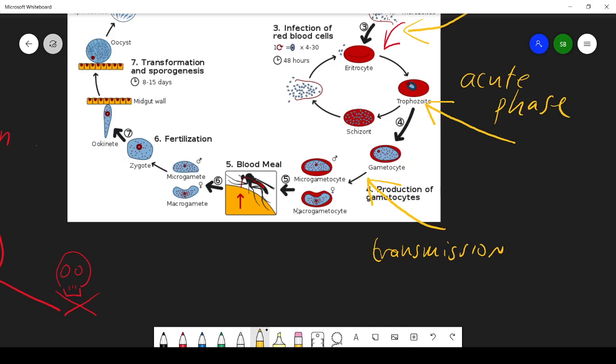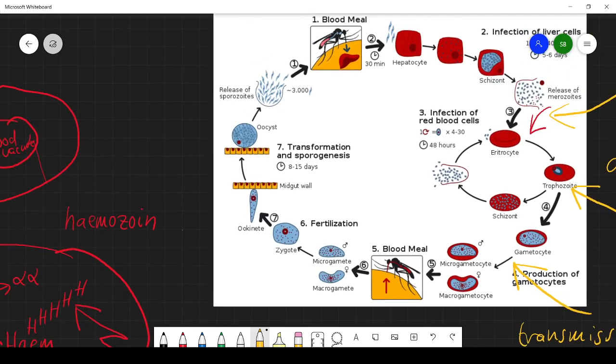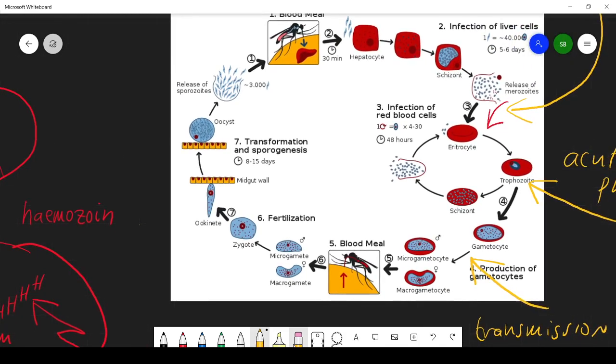Finally, there's another class, and these are probably some of the most powerful ones, and they're called the radical drugs, or the radical cure drugs.